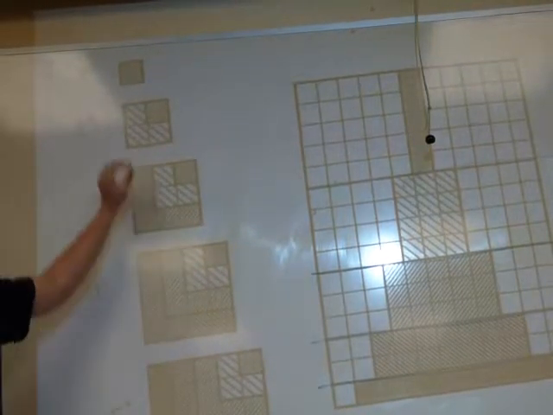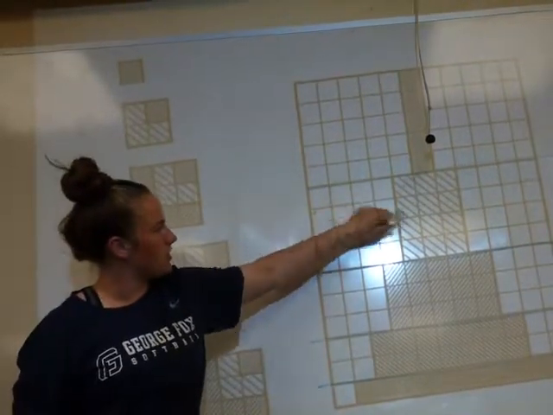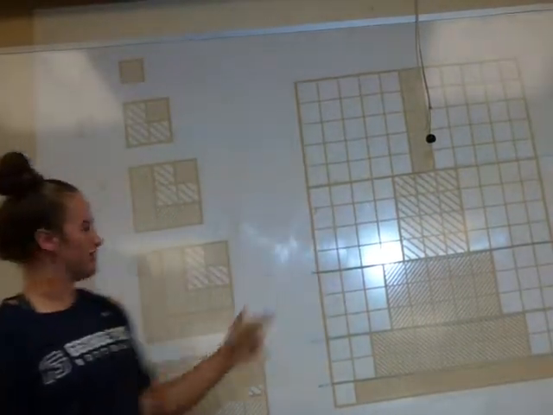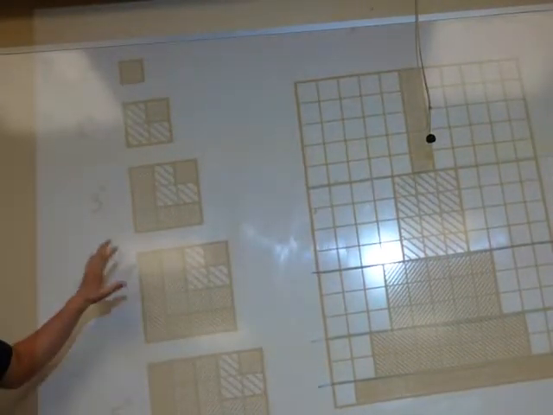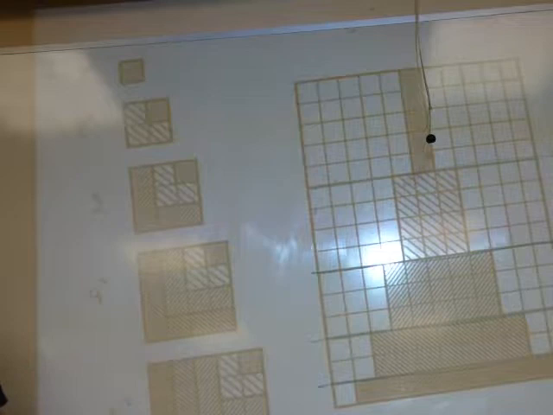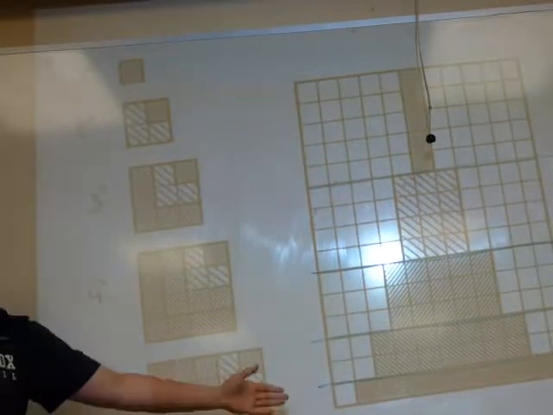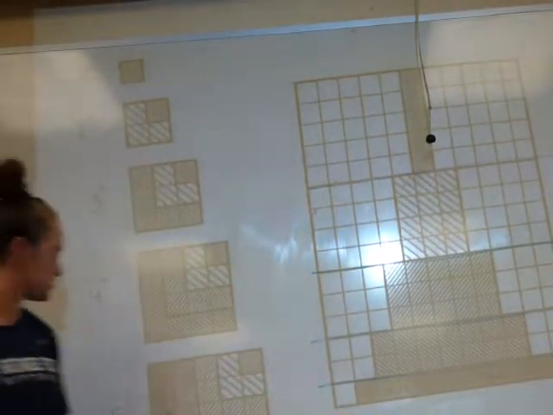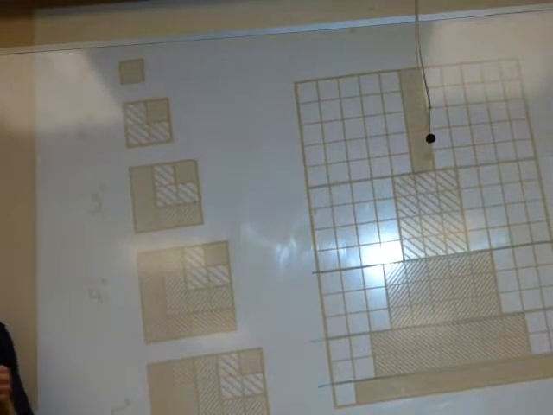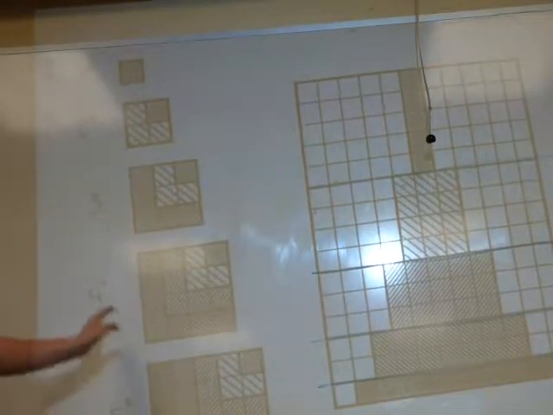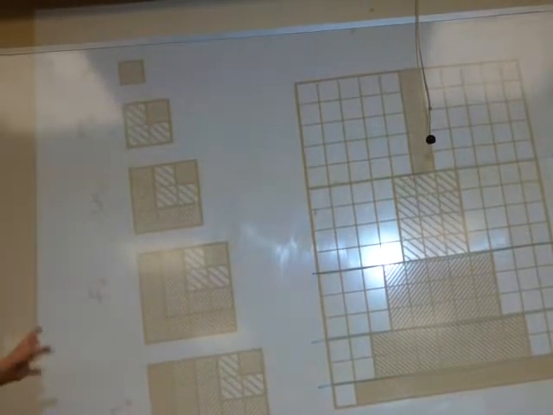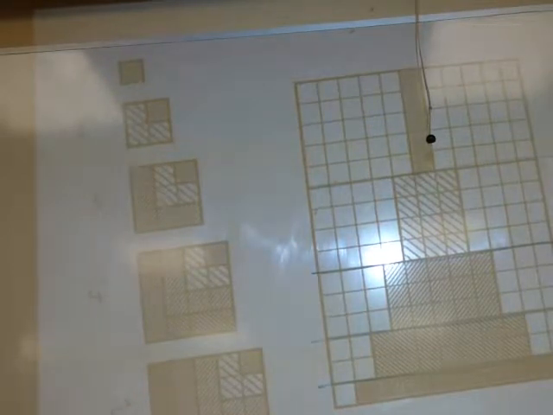So there's 4 rows of the 3 boxes that were added. And then it continues with 5 boxes, and then 7 boxes. And then the last one, this one right here, is 9 boxes because it was only added once. So that's where these boxes can be seen over there.